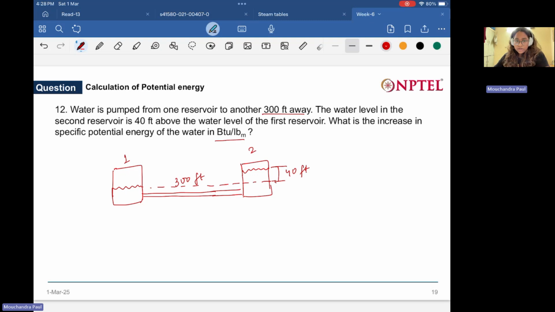Okay, so you have to conduct these calculations in British units, all right? Like feet, pound, BTU. BTU is equivalent to joules in SI. So specific potential energy, we know potential energy P is mgh, so specific potential energy is simply gh.